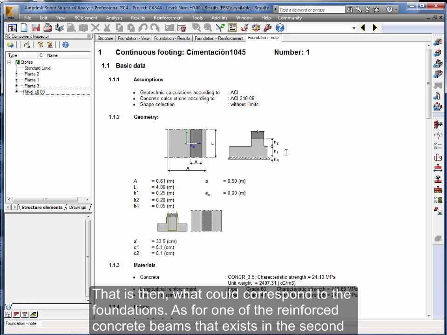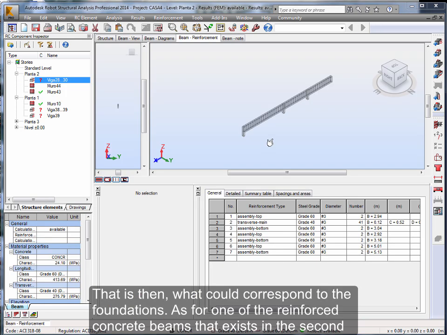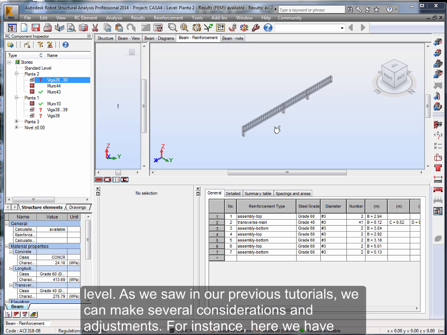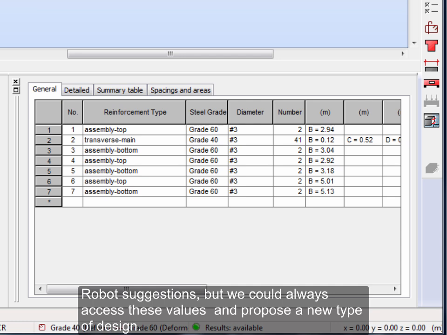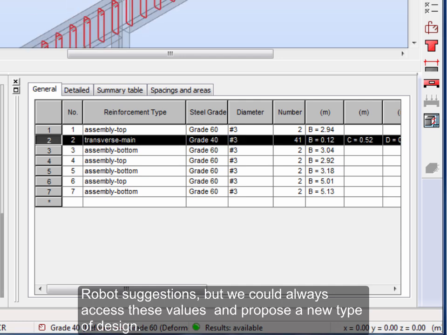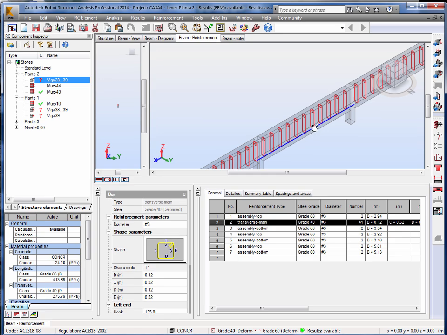As for one of the reinforced concrete beams that exists in the second level, as we saw in our previous tutorials, we can make several considerations and adjustments. For instance, here we have Robot suggestions, but we could always access these values, and propose a new type of design.